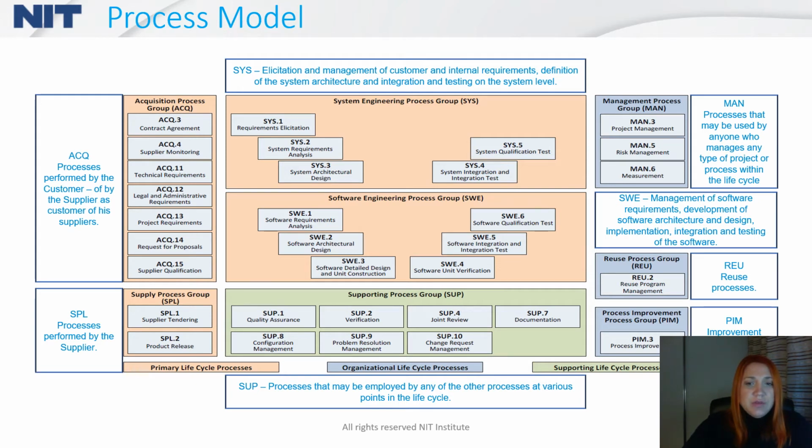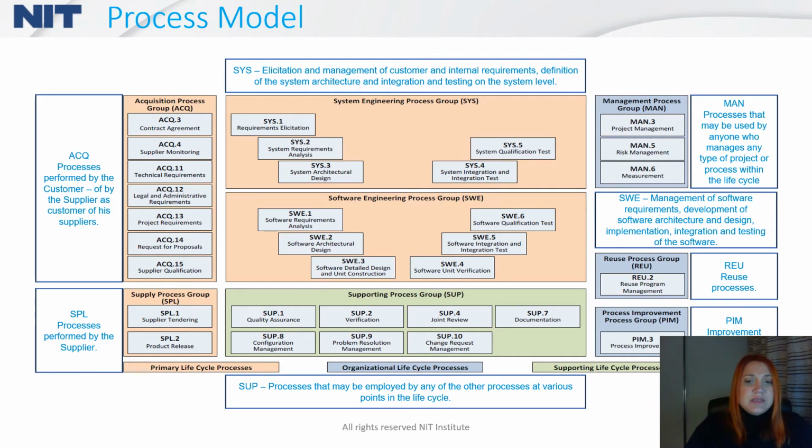In each of the blocks, you will find the specific processes, which describe not only the steps, but also the basic outcomes that need to be delivered to receive some kind of value from each of the processes.